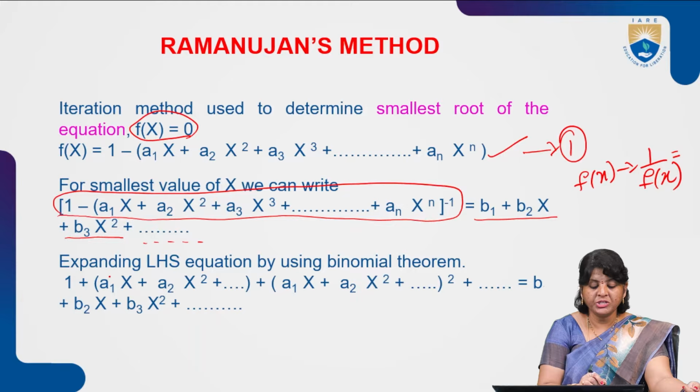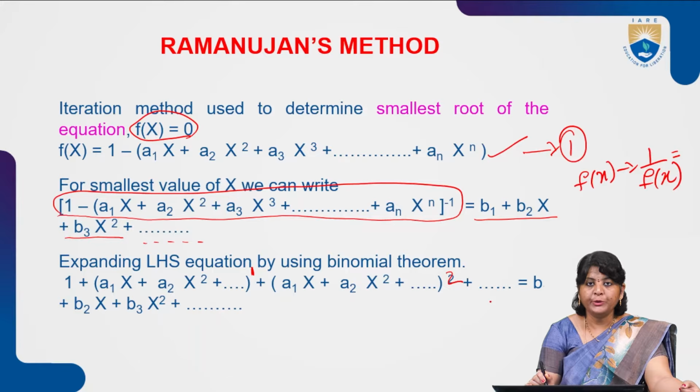From this comparison, we get an equation like 1 plus a1x plus a2x square, these are power 1 terms, similarly power 2 terms, and power 3 terms. All these terms will be equal to b1 plus b2x plus b3x square and so on.